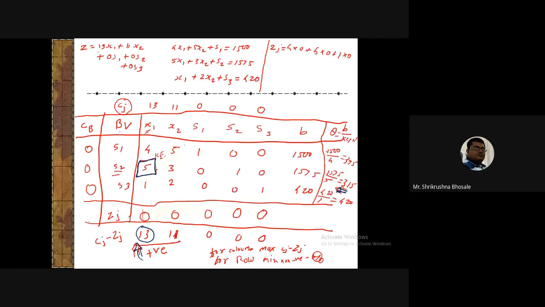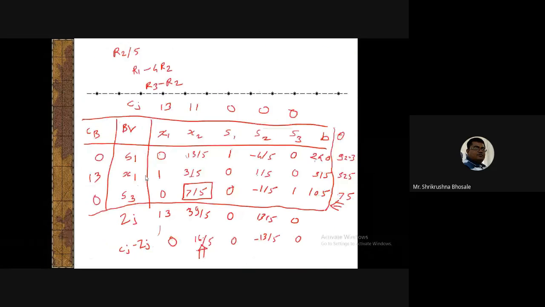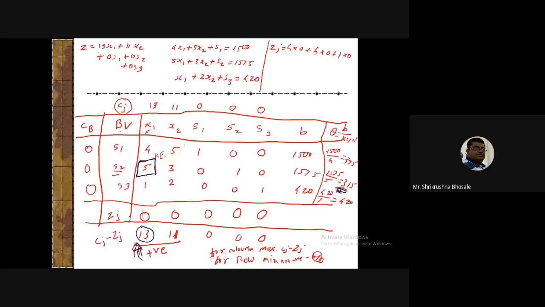Then the next step: that key element should become 1, and the other elements in that same column should become 0. That rule we have to follow. For that, we have made certain operations. The first operation is R2 divided by 5. When you make it, for that second row you have to divide by the number 5.